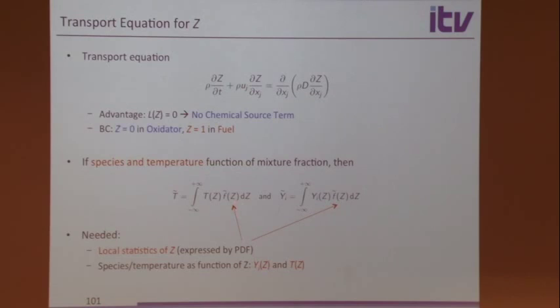Then it's very simple. I can just do this convolution here, and then I get the mean. And again, I could get all other moments. I could get the variance, the skewness and whatnot. I can get all moments of this quantity.